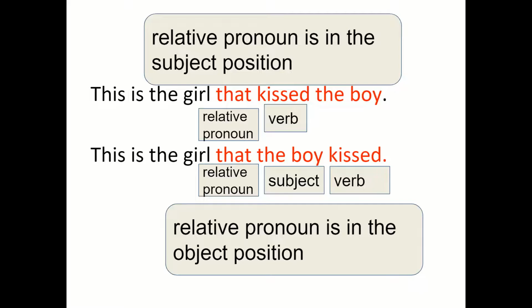Another thing that you can do, if all those calculations are a bit much, is just remember what we looked at earlier. Subject position relative pronouns are relative pronouns immediately followed by the verb. Object position relative pronouns would be relative pronouns followed by the subject and then the verb. So you can just look at the structure.